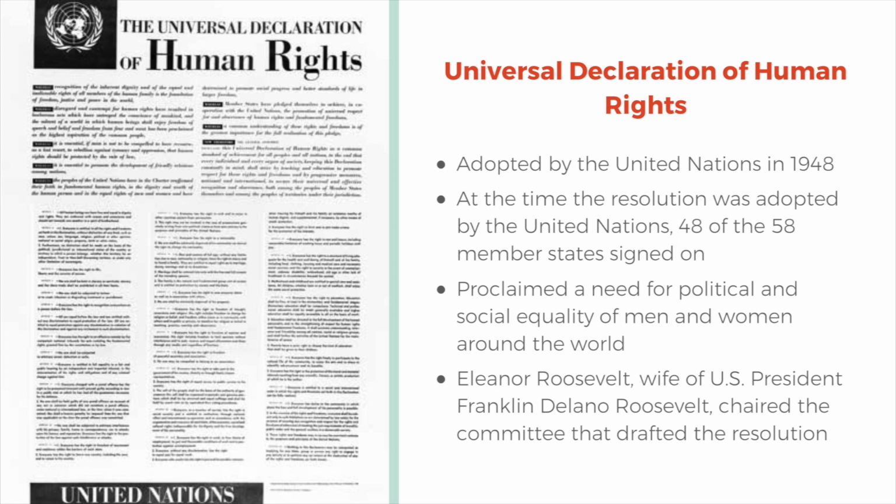I really recommend that this document be kind of your first stop as you start your research on gender equality. As you read it over, think about the goals that it sets and think about whether or not our society regularly meets those goals or whether there's room for progress. Also, remember that this declaration is about all human rights of all people and that it has many, many more aspirational goals than just guaranteeing men and women political and social equality.